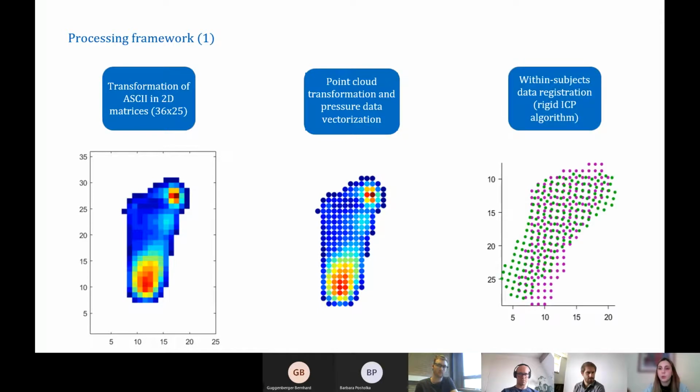Then we performed within subject data registration using a rigid ICP, iterated closest point, algorithm that enabled us to translate and rotate the point cloud onto the within subject template. However, as you see from the example in the image, the initial data registration quality was quite poor.